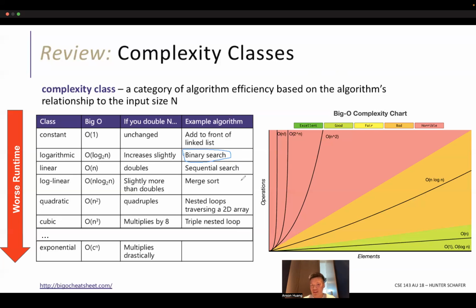And why is that the case? Well, in binary search, let's say we were supposed to guess a number between 1 and 100. If I were to tell you whether your guess was larger or smaller than the true number, you could use binary search. The way you would do this is you just guess the number that's in the middle. So let's say 50. Then I will tell you whether the true number is higher or lower.